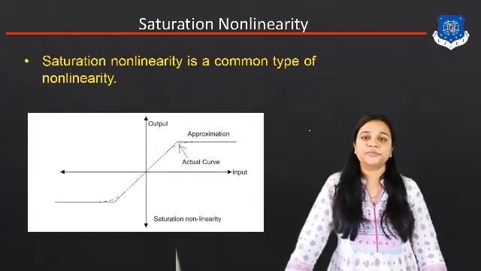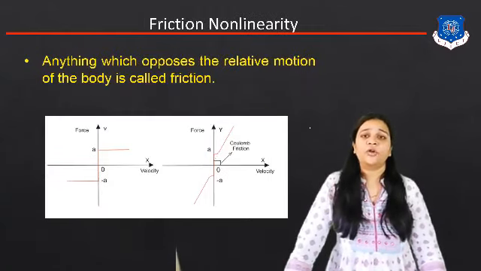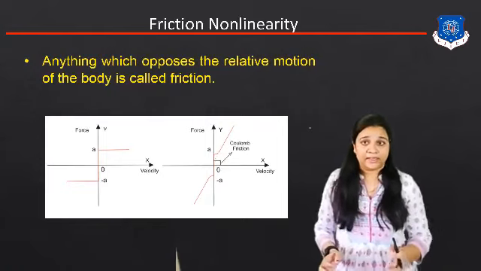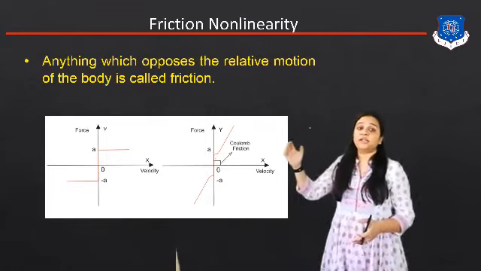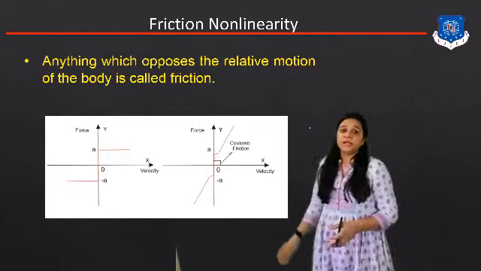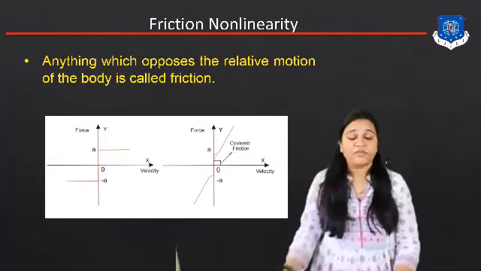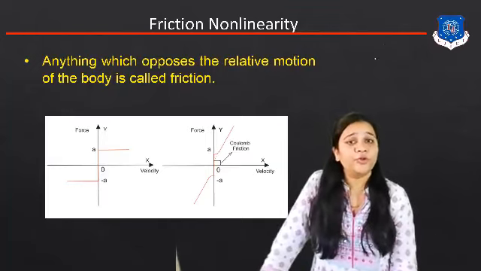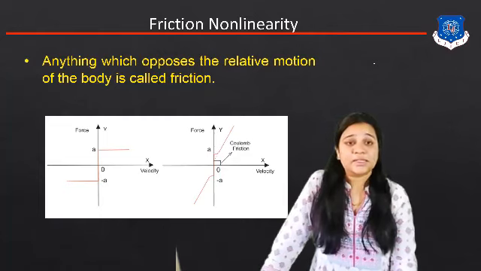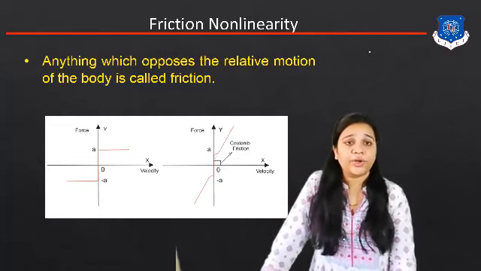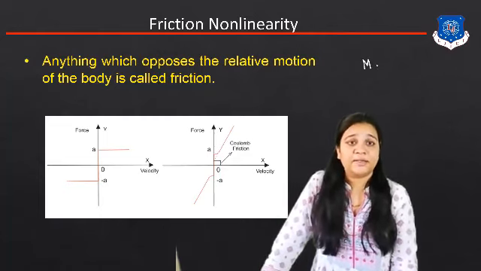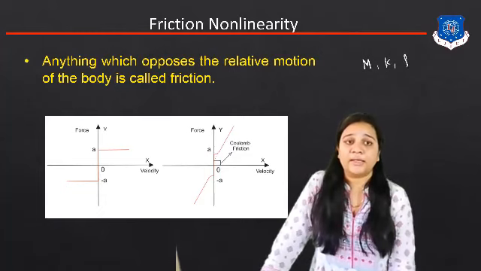Next one is the friction non-linearity. Anything which opposes the relative motion of a body is called friction. As we already know, in a mechanical system the basic components are the mass, spring and damper.